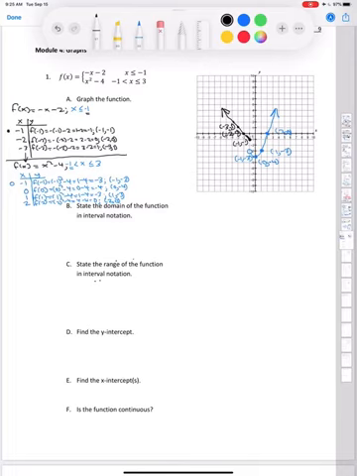So state the domain of the function in interval notation. So remember, domain are all your x values, right? All the real number values of x that make up this function graph. So ask yourself the question, where do you see this graph take place on the x-axis? Well, it covers the entire x-axis, right? This left piece goes to -infinity. It keeps a line right here going on forever, part of a linear function.